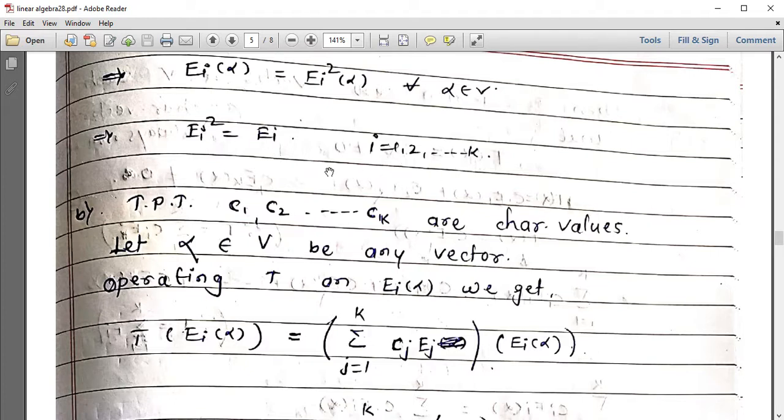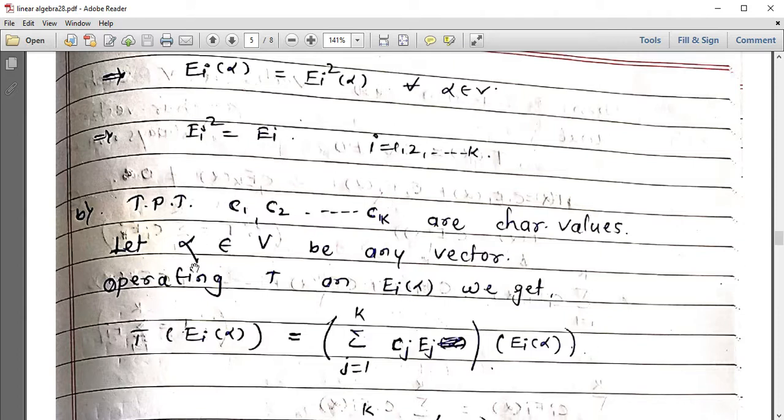Hence, each Ei is a projection on V. Next, to prove that C1, C2, up to Ck are characteristic values, we have to prove this.